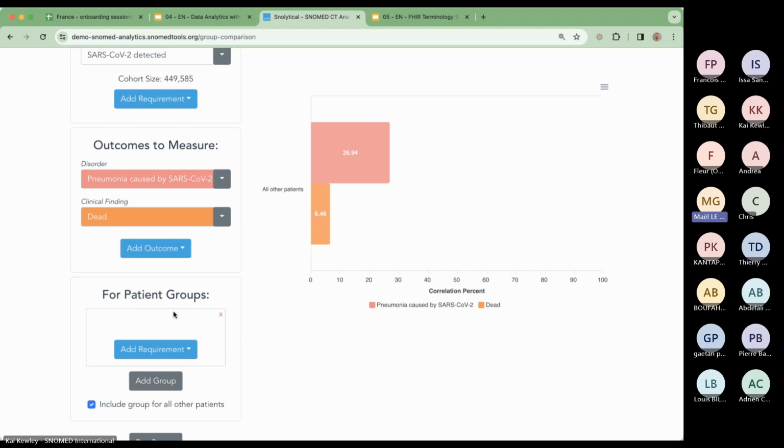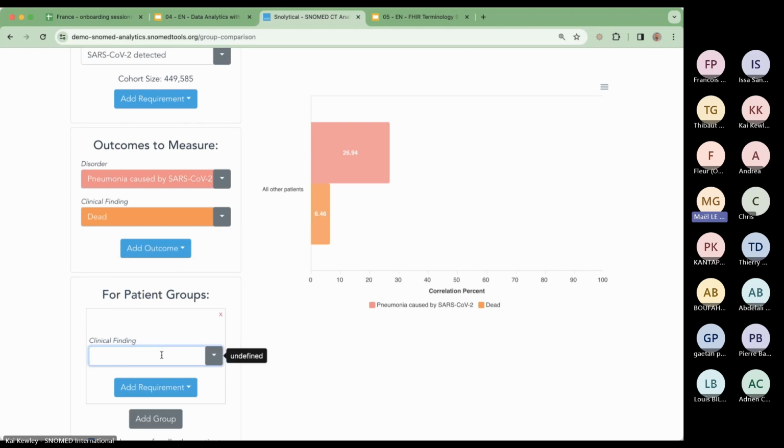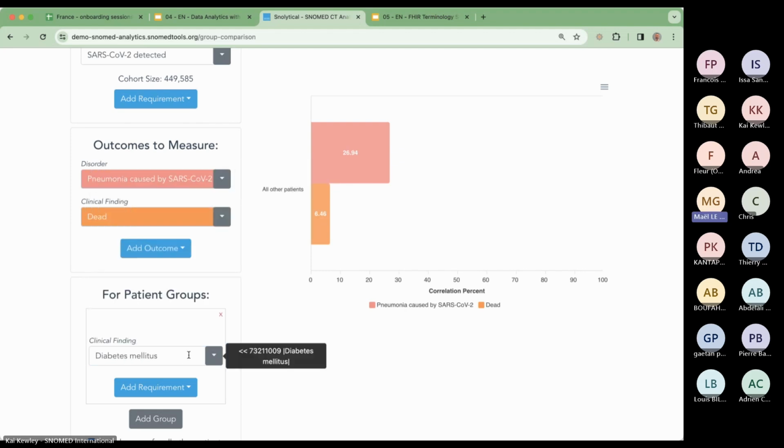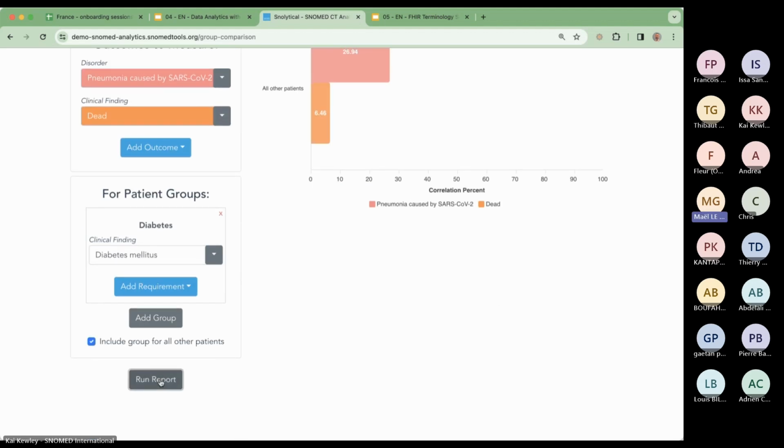So I'm going to create a patient group for the report, and I can add however many requirements I want for patients in this group. And I'm going to start with diabetes. So again, that's created the ECL, any type of diabetes mellitus. And I'm going to give this group a label because it will show up in the graph. And I'm going to run the report.